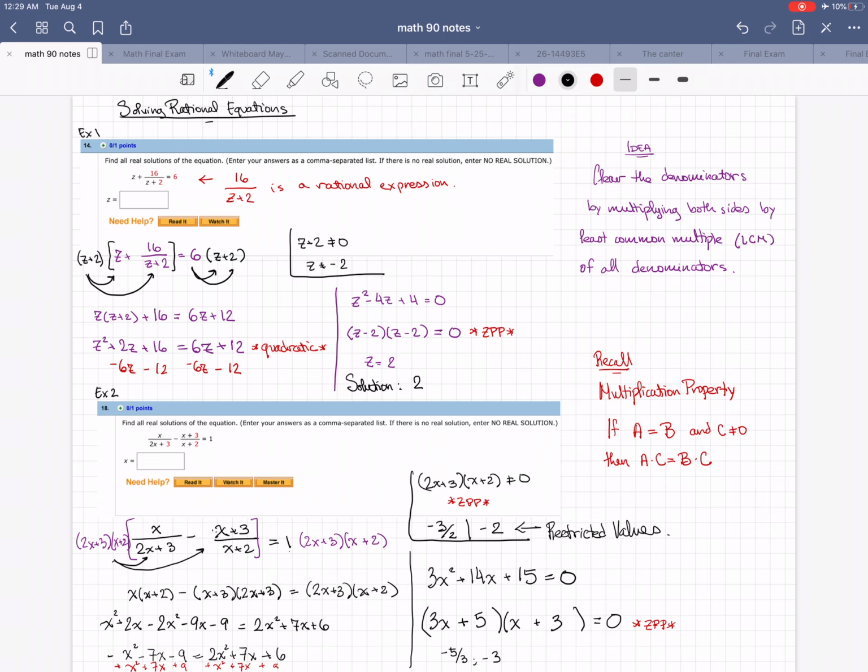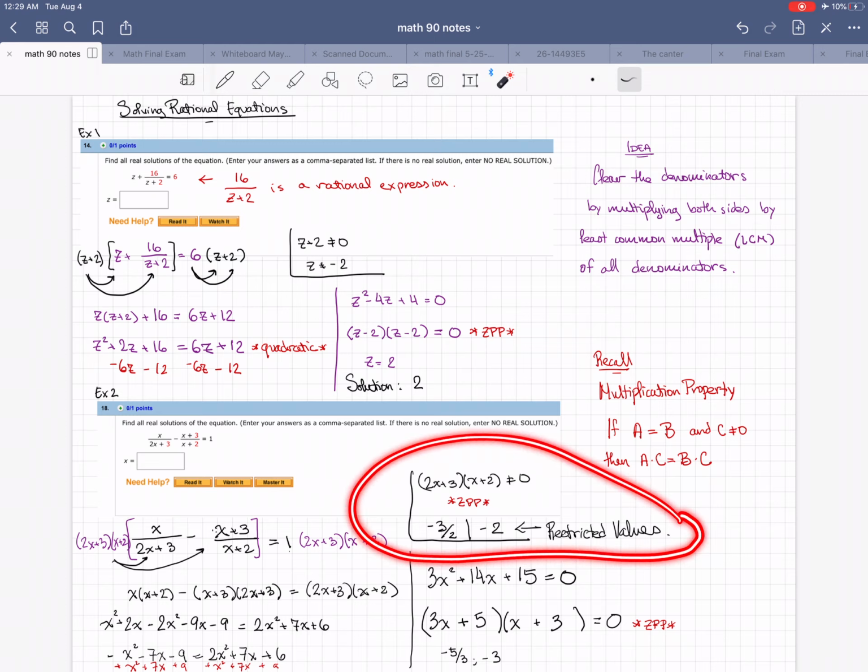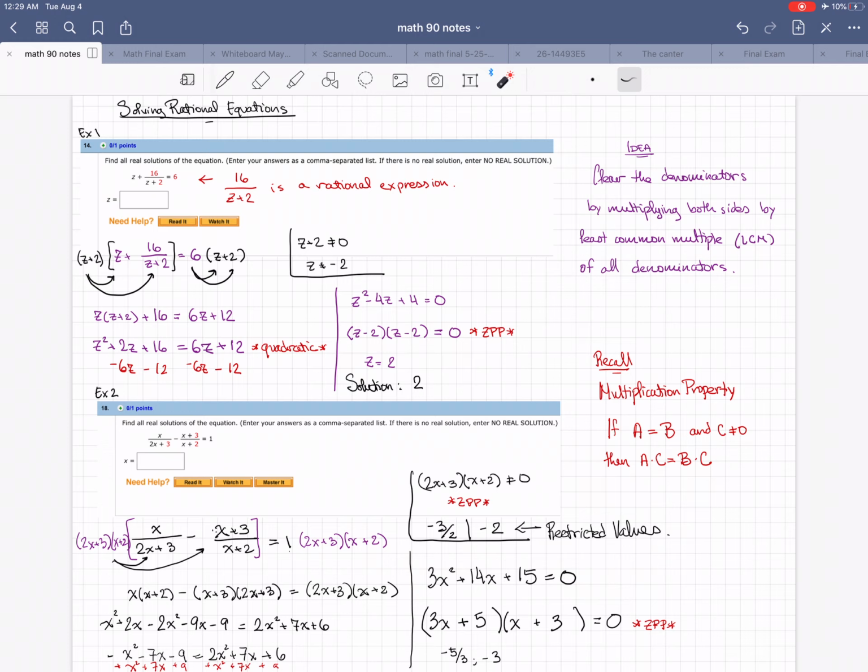Hold on just a second. Let's go up to our restricted values. They are negative 3/2 and negative 2. So both of these are fine. So those are, in fact, our solutions. So the second equation has two solutions, and the first one has just one.